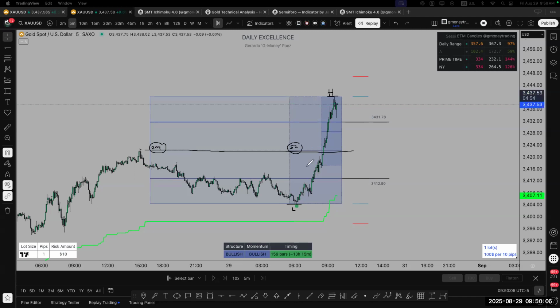So whenever that happens, going back to Dan's example, the medium rubber band is stretched as far as the large rubber band, and usually we get a pause, or we get a pullback.